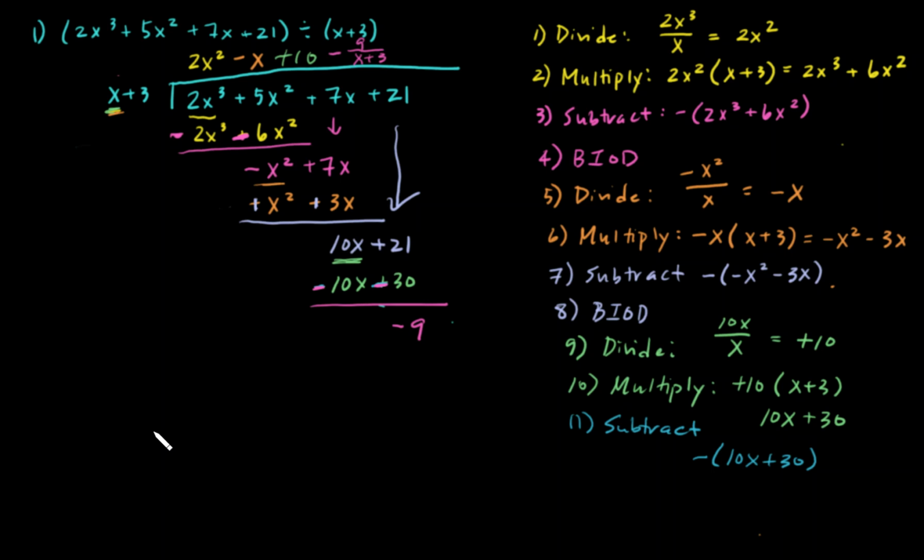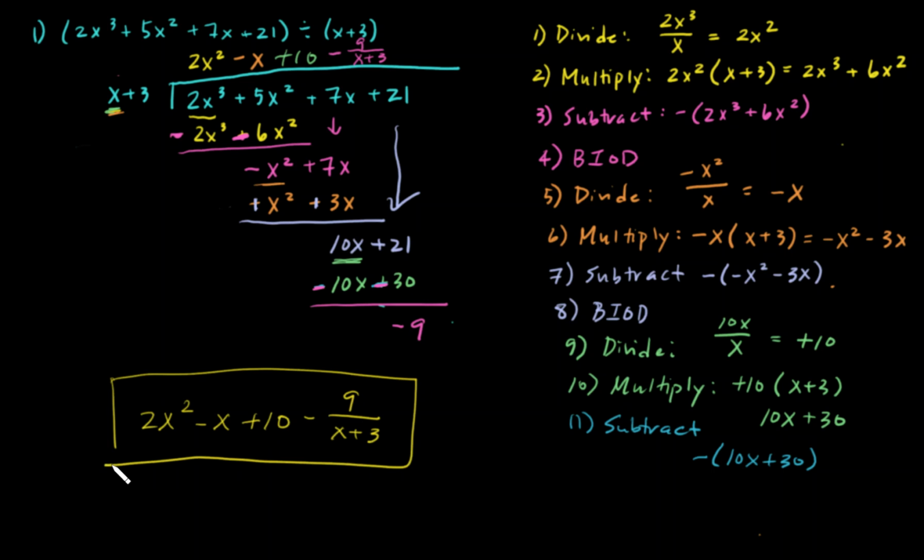So our answer is 2x squared minus x plus 10 minus 9 over x plus 3. And guys, this is our final answer. And very colorful and very nice. Good job.